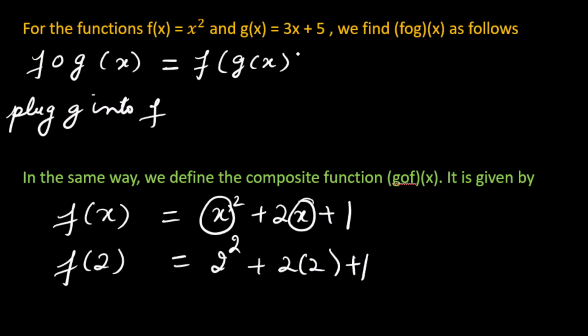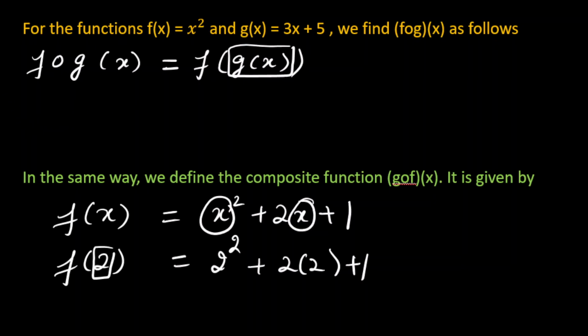This is again the same thing. We are writing here f of g(x). You can relate both. Inside the bracket I wrote 2, so at place of x I substituted the value 2. Now we have to consider the function f.